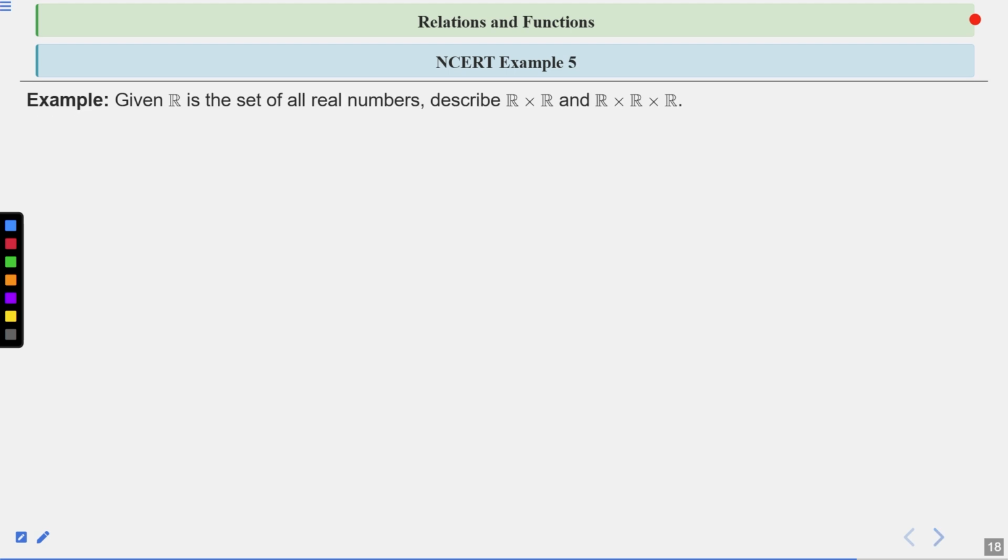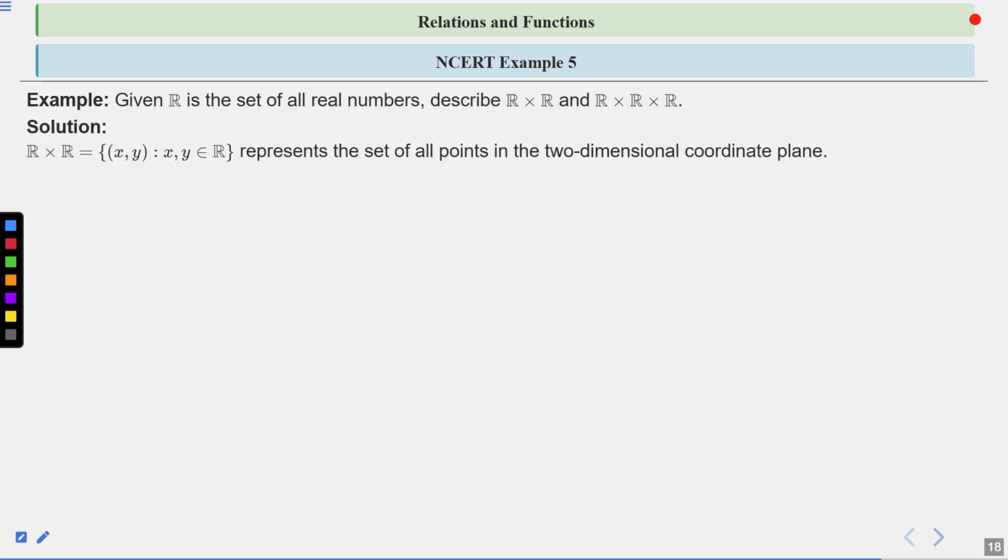Now, another example. If you have the set of reals, R represents the real number set, describe R cross R and R cross R cross R. Very simple. Solution.